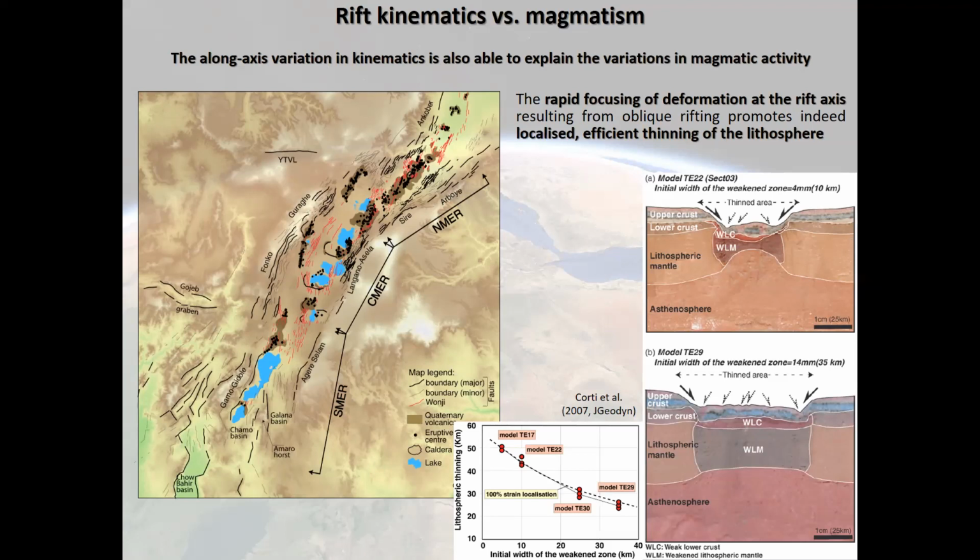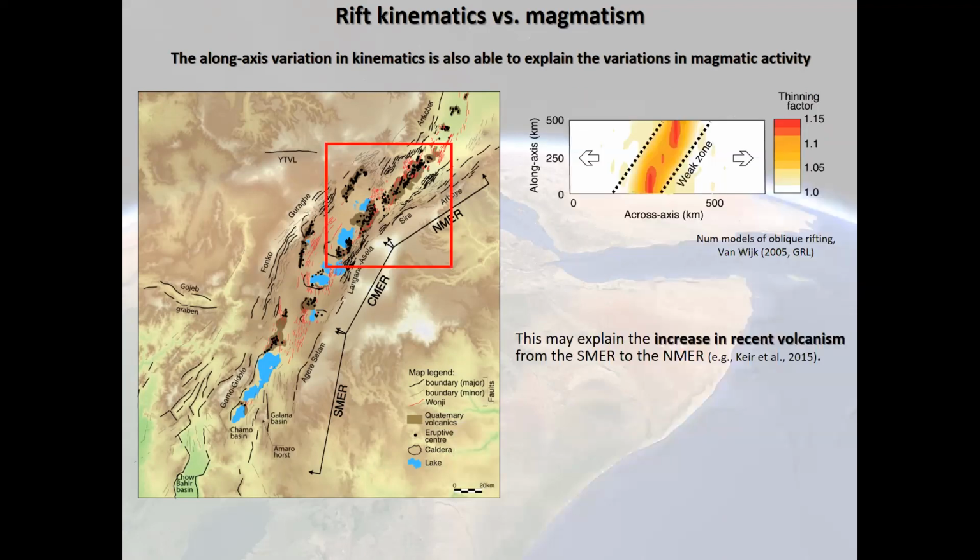So the more efficient is the decompressional melting. And this, as also suggested by numerical models by Jolante van Hunen, may explain the increase in recent volcanic activity passing from the southern part of the rift to the more oblique northern parts of the Main Ethiopian Rift.